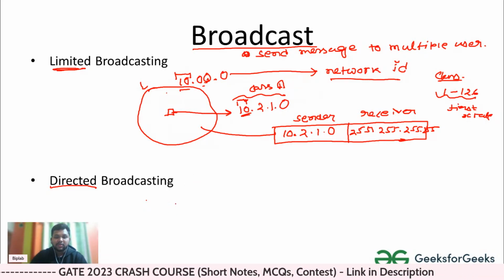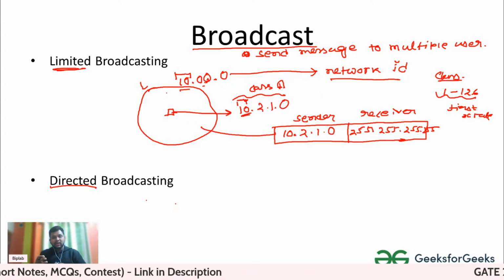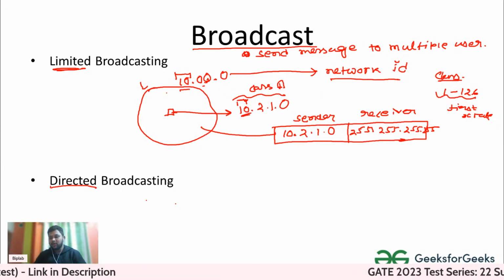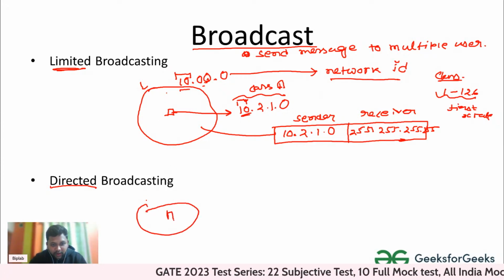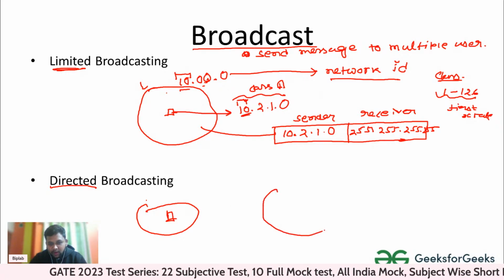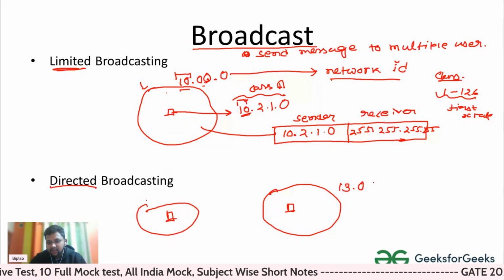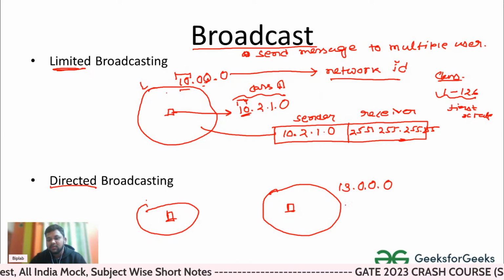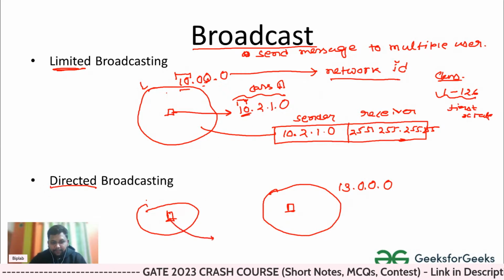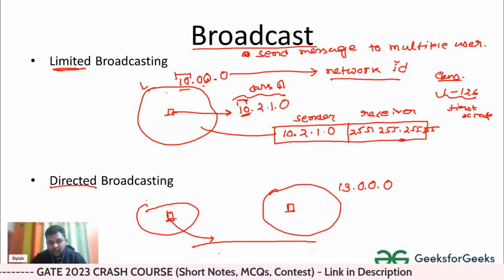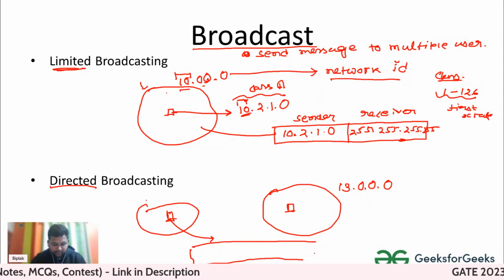Directed broadcasting means you don't want to send data only within your own network. You want to send data to some different network. Let's say you are in this network, and you want to send data to this other network, which has the network ID 13.0.0.0.